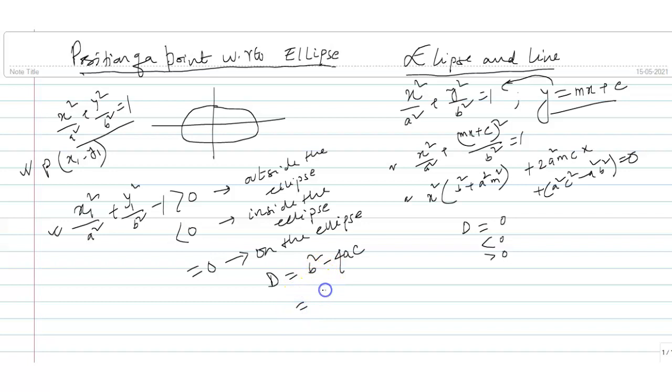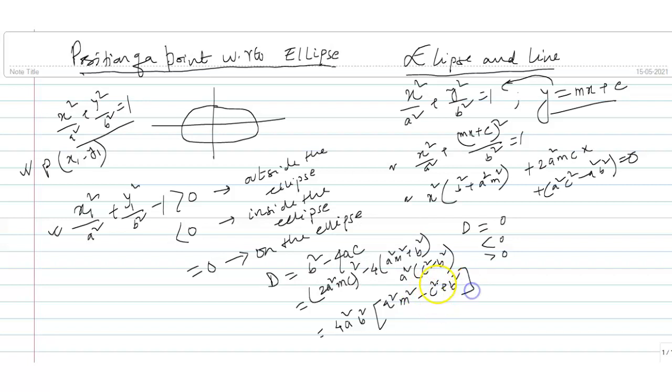I am just writing 2a square mc whole square minus 4 times a square m square plus b square times a square c square minus b square. If we simplify this part, you are going to get like this, m square, just like this. The discriminant value is like this.